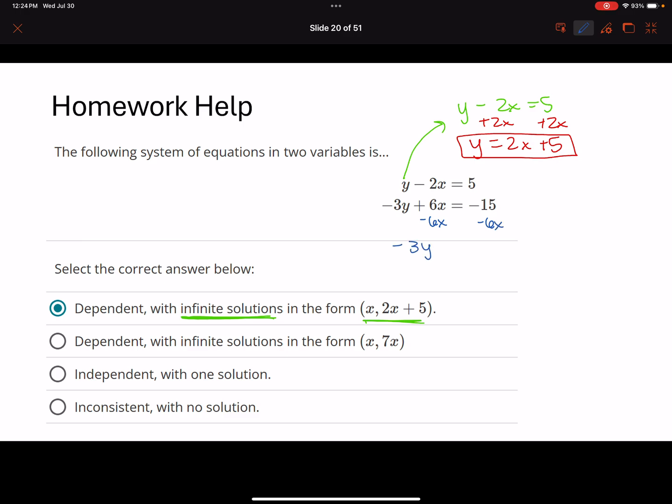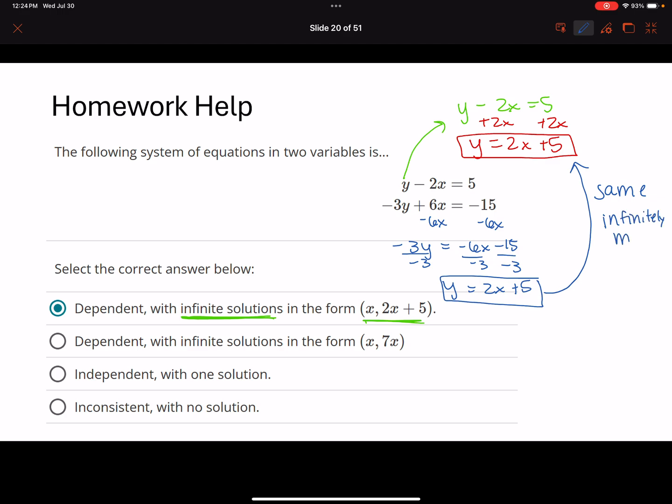We've done this before. Then I'm going to divide everything by -3. And I'm going to get y equals 2x plus 5. So notice these are the same equation, which is why it is infinitely many solutions.